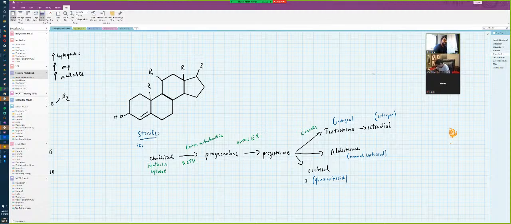So if you have an excess amount of testosterone that you inject, that testosterone aromatizes into estrogen. That's why they need to take an inhibitor of the enzyme that would aromatize it.